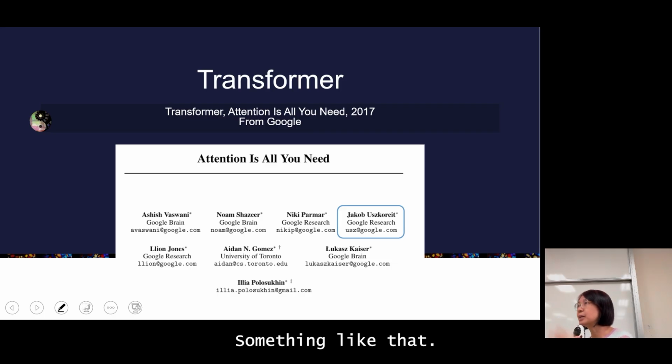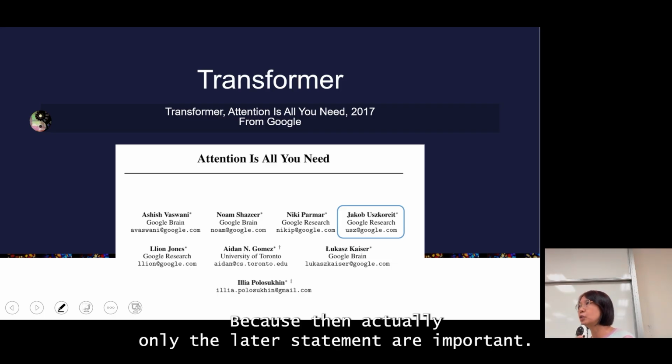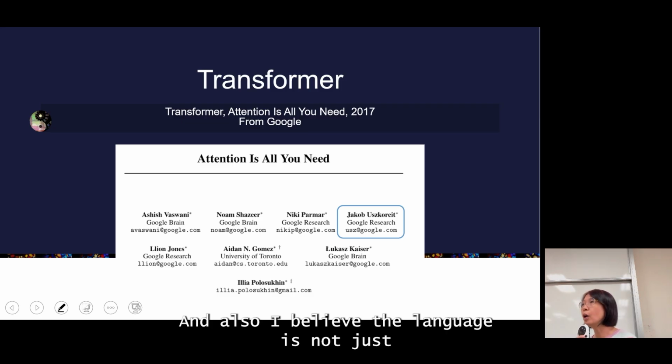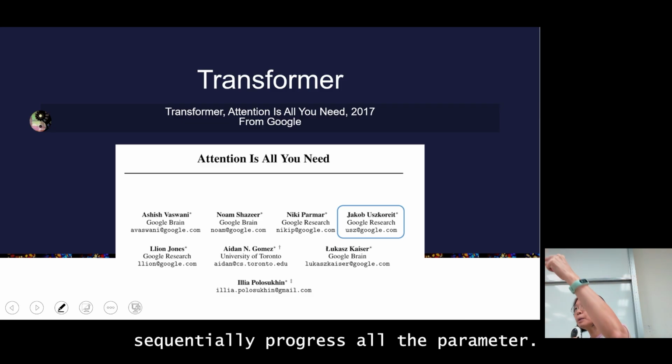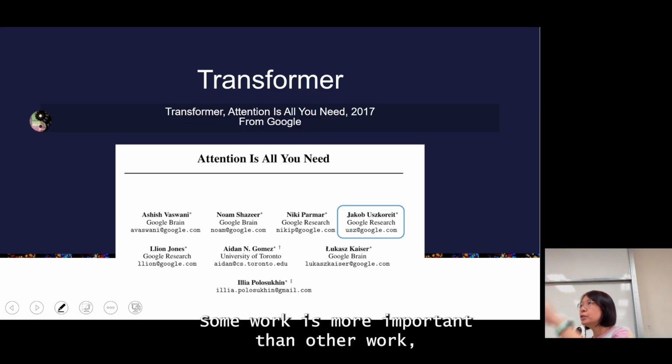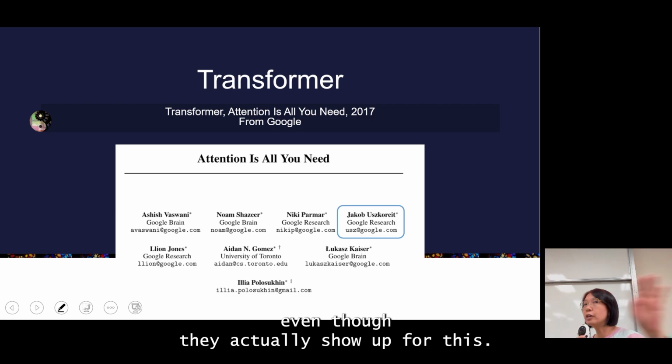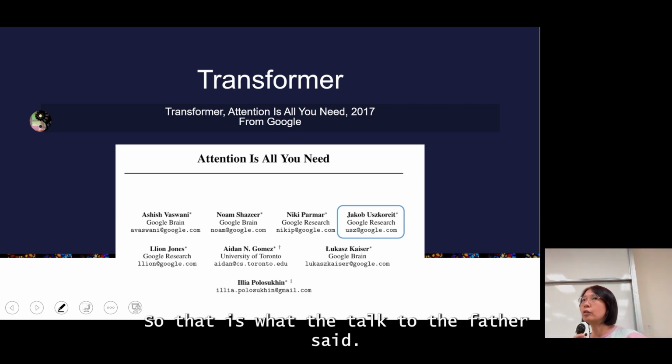Why is it weird? Because only the later statements are important. Also, I believe language is not just sequentially broadcasting all the parameters. Some words are more important than other words, even though they showed up previously. That is what he told his father.